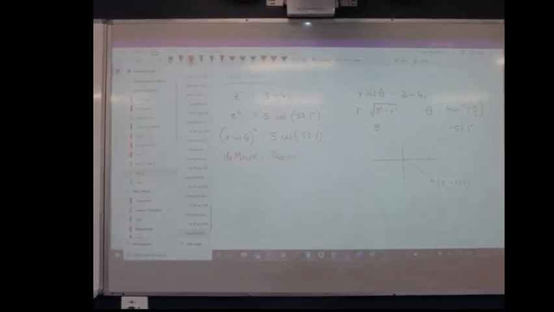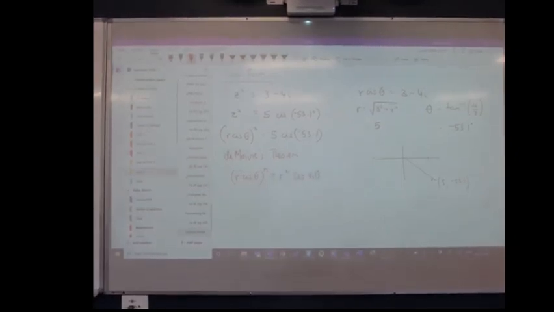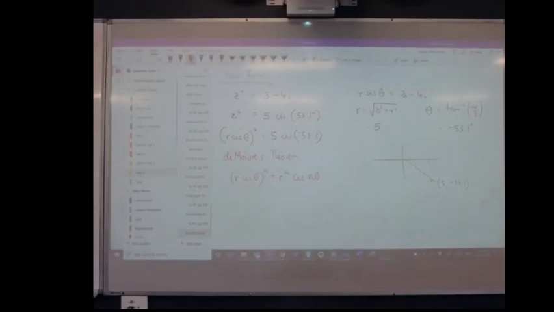We know that De Moivre's theorem says that (r cis theta) to the power of n is r to the n cis n theta. Is that okay? So if we expand the left-hand side, (r cis theta) squared is going to be r squared cis 2 theta.